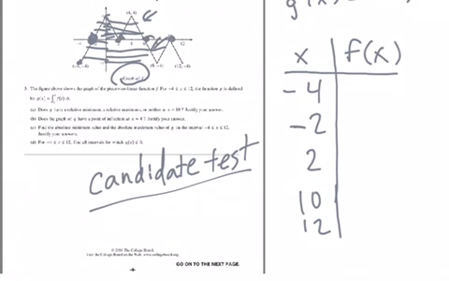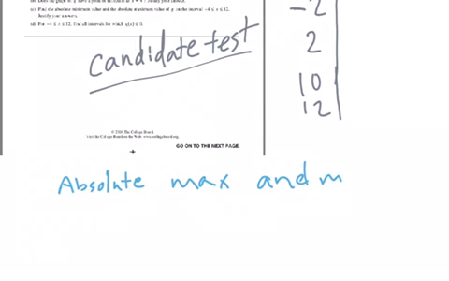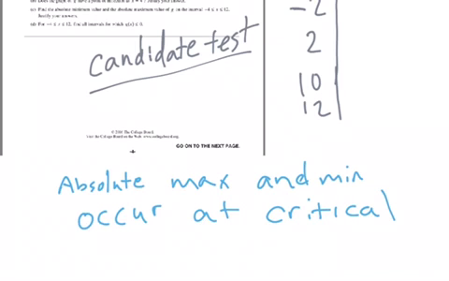The test is going to ask you to say what you're doing. So I have to say something to the effect that the absolute max and min occur at critical points or endpoints.